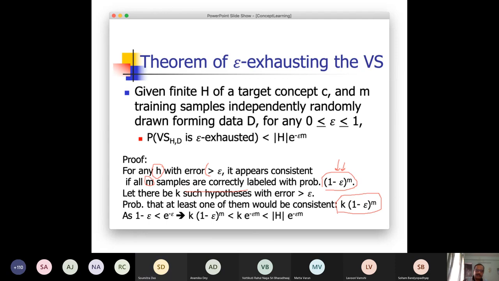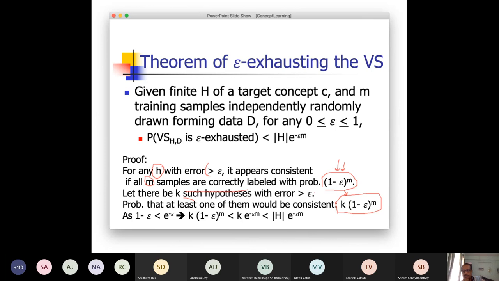Now, suppose there exist k such hypotheses in your version space, and they are all consistent. Then any one of them could be included, so the probability would be k into (1 minus epsilon) to the power m.